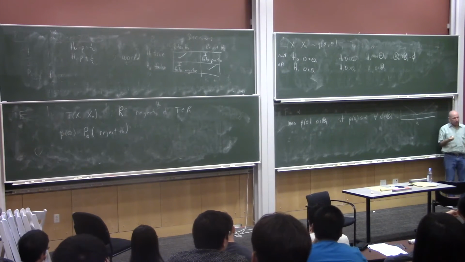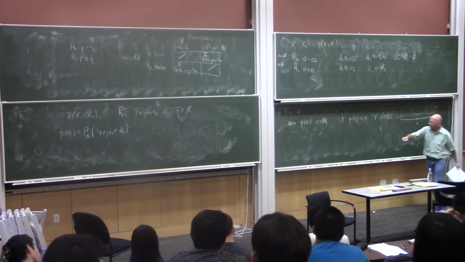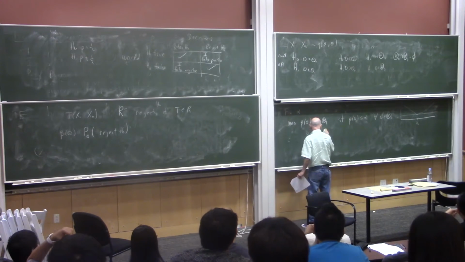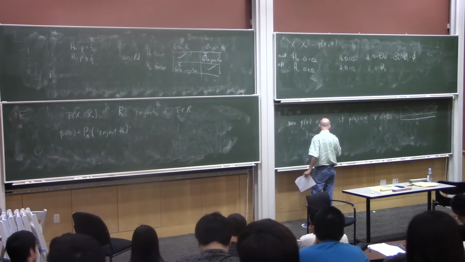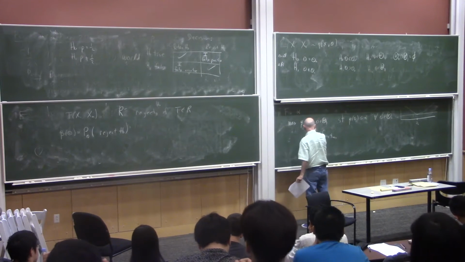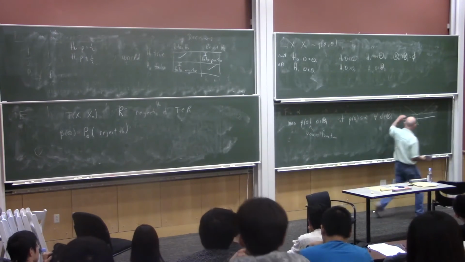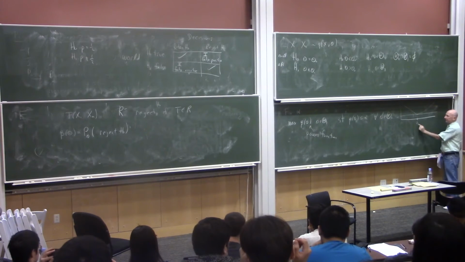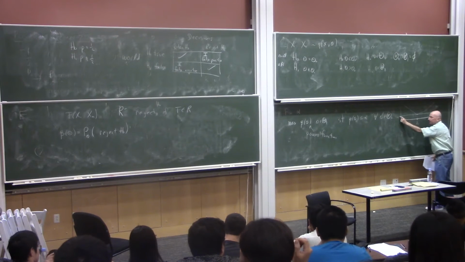So in some sense, what we're trying to do, this is called the power function. We're trying to solve a kind of optimization problem here. We're trying to make this power function as big as possible, but subject to the constraint that at the null, it can't be bigger than alpha.